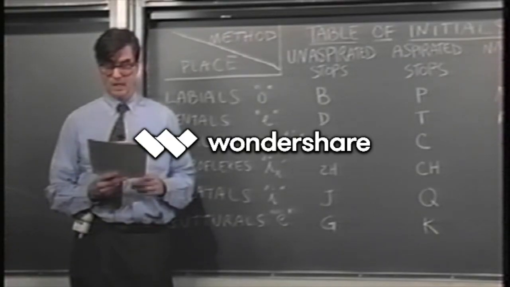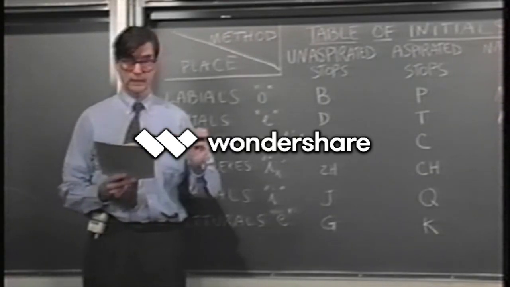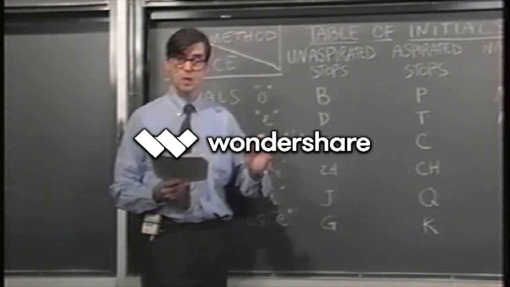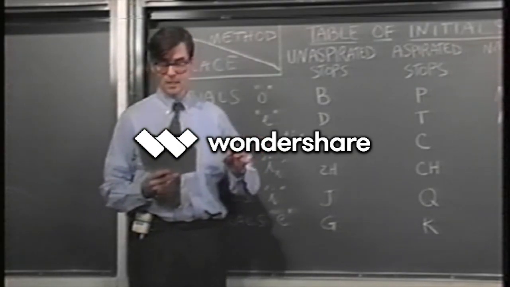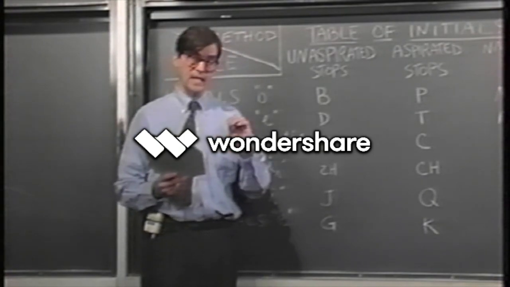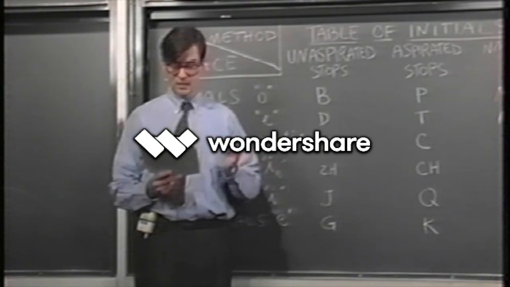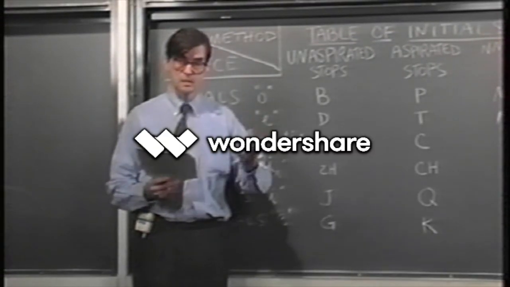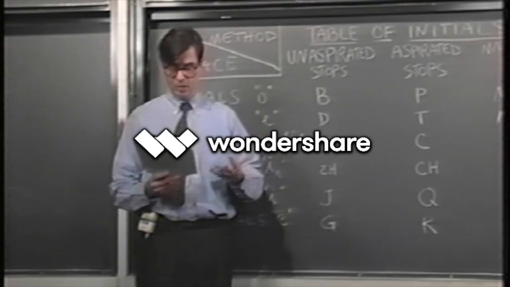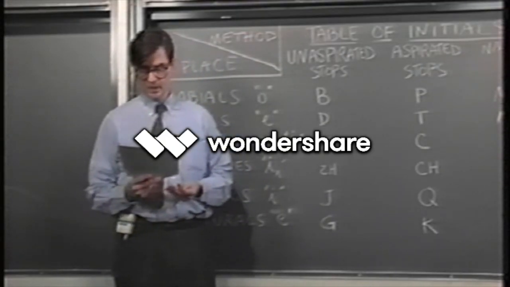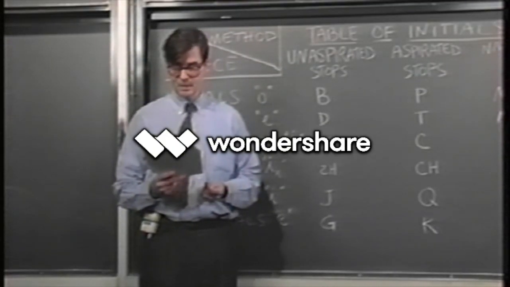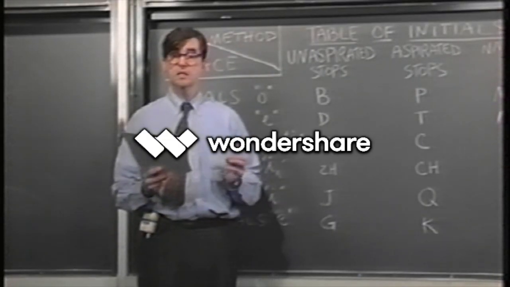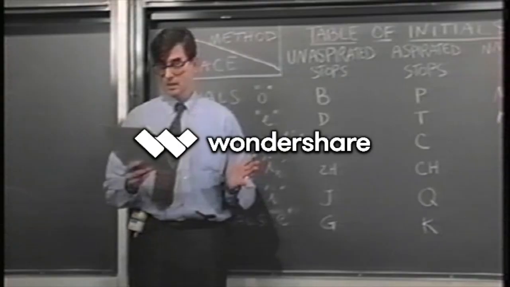The 2 columns of stops are distinguished only by one thing. There's only one difference between these 2 columns of stops, and that is either they have what we call aspiration or they don't have aspiration. Aspiration means a vigorous explosion of breath. Aspiration or its absence is often the only point of distinction between 2 entirely different words in the Chinese language.